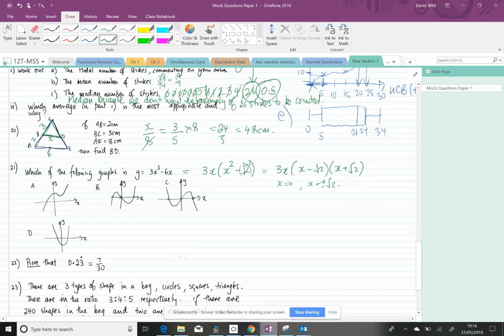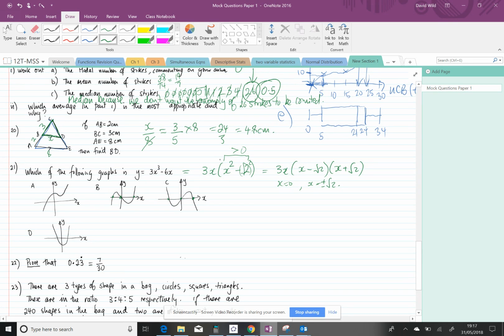But let's analyze what happens when x is negative. If x is negative, well, and large, say, then this is going to be positive, because x squared, if x is large, x squared is positive and large, and we subtract root 2, it's not a great deal, so this is definitely going to be positive.